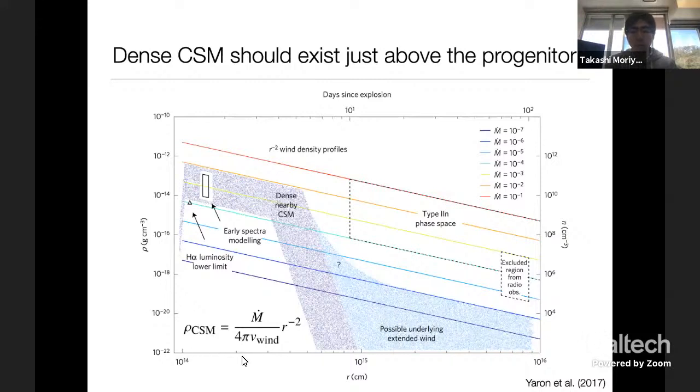So this is the radius from the progenitor, and this is the density. Based on the spectral modeling and this early spectra, they found that the circumstellar matter density should be somewhere there. And as we introduced before, the radio observation of type 2 supernovae basically constrains the mass loss rate above 10 to the 15 centimeter, indicating they should typically have a mass loss rate of 10 to the minus 5, 10 to the minus 6-ish.